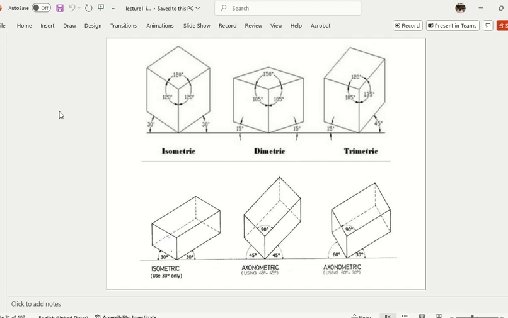So this is the difference between the first three and the last three. In the first three, all the dimensions are exact. In the last three, the third dimension is according to a scale. Got it? And what is the scale?